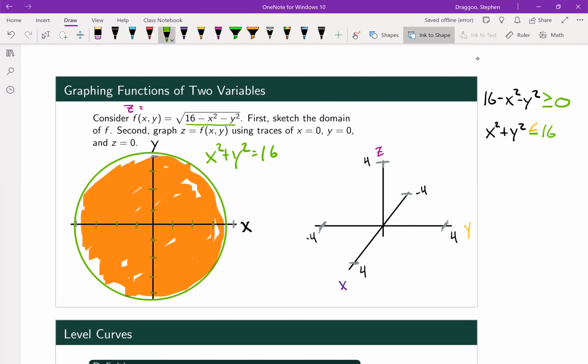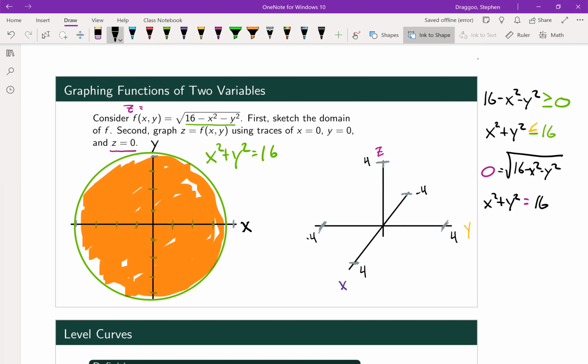Then we'll take some of those traces over into the 3D plane and start figuring out what this shape looks like. So if we start with the trace where z is equal to 0, that means we'll have 0 equals the square root of 16 minus x squared minus y squared, which just gives us x squared plus y squared equals 16.